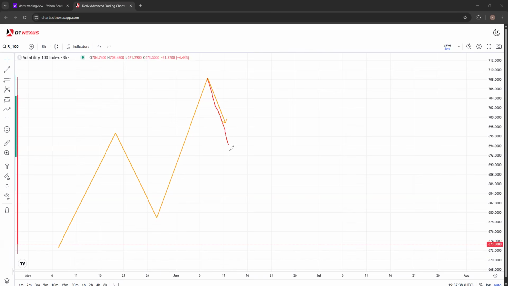It can carry us as far as near this low. What we know is at this point in time, we don't have to come and break this low because of market structure, we know that we have to go up, right?